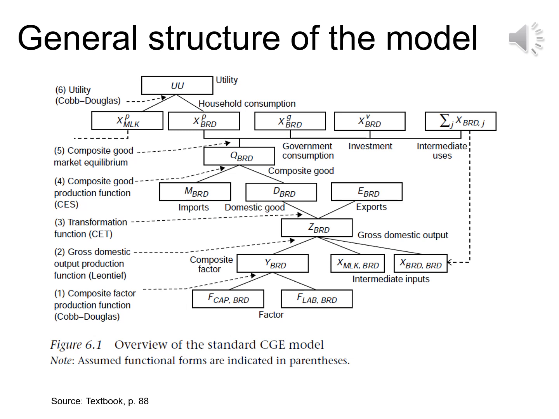So you see that most of these are interrelated with each other, especially if you look at the intermediate inputs, for example. If you look at the gross domestic output, it is a combination of composite factor, which includes capital and labor, and intermediate inputs. But intermediate inputs also are part of the composite good as well.